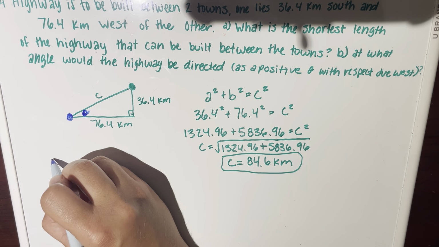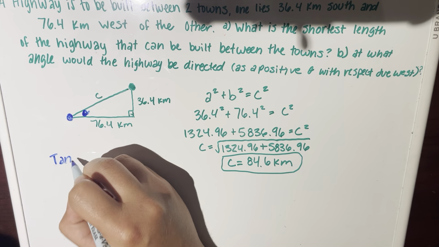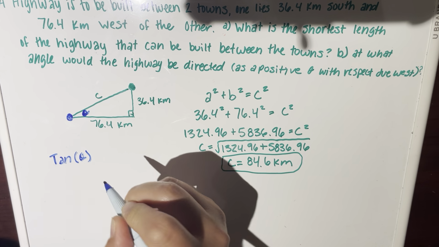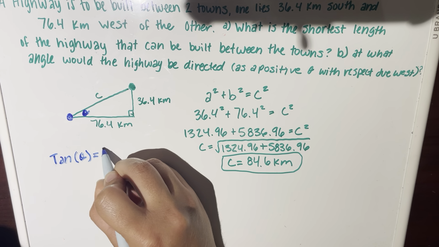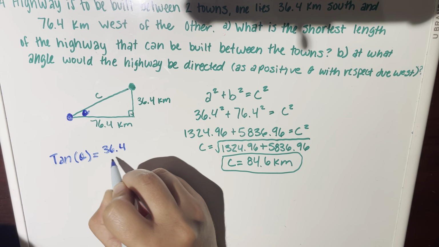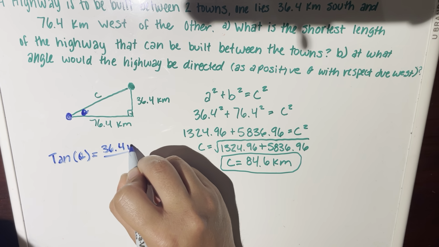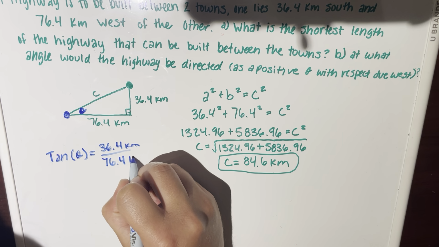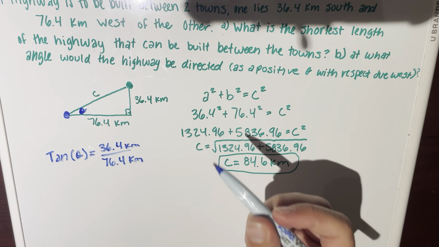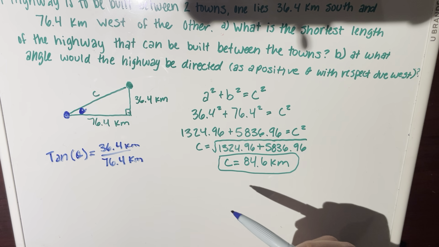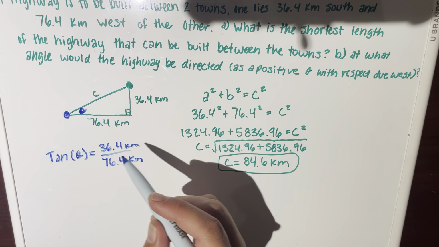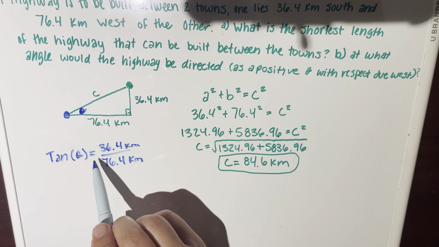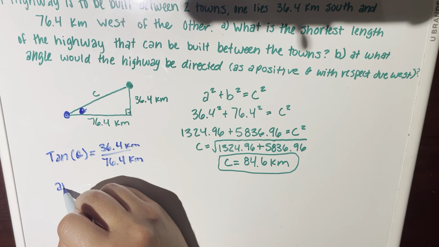So to find theta, tangent theta is going to equal 36.4 kilometers over 76.4 kilometers.